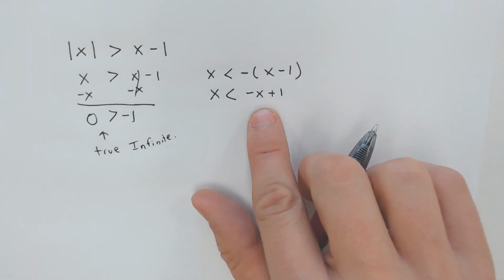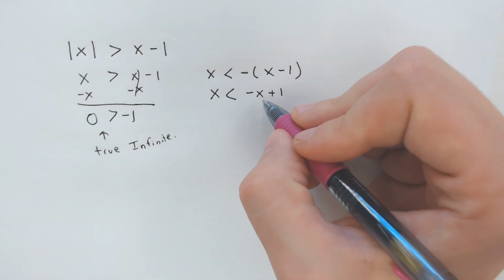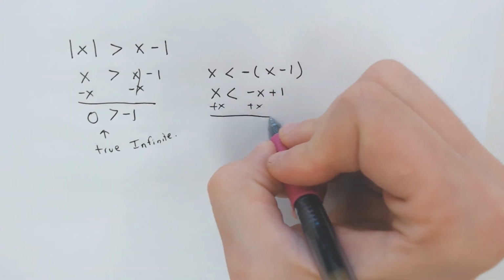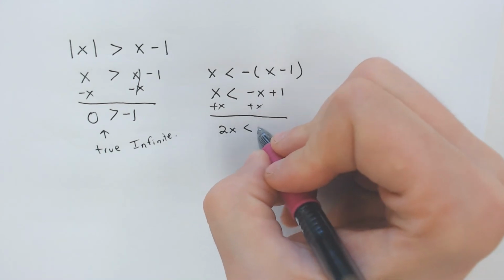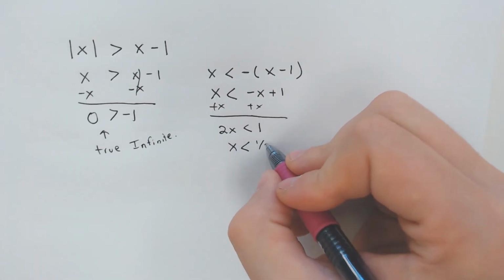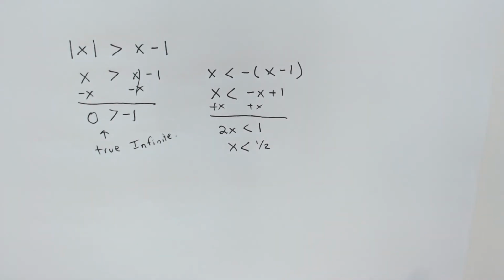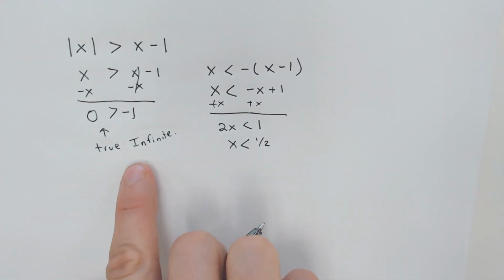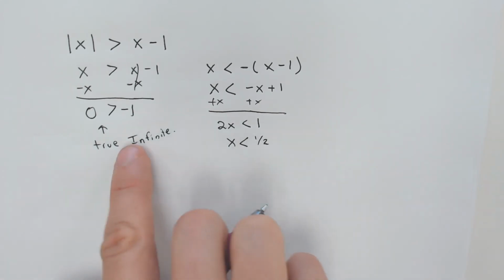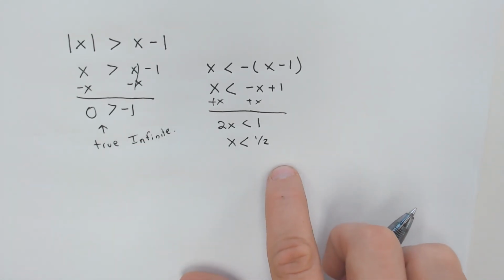What about over here? Well, we have x less than negative x plus 1. If we add x to both sides, we get 2x less than 1, which means x is less than 1/2 when we divide by 2. So over here we got infinite solutions, but over here we just have less than 1/2. So this might be infinite. It might just be x is less than 1/2.